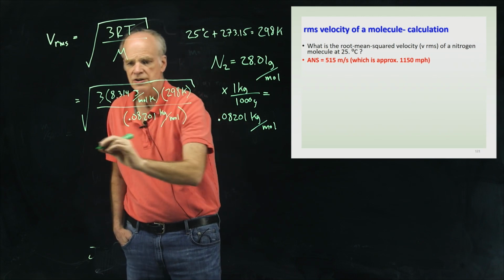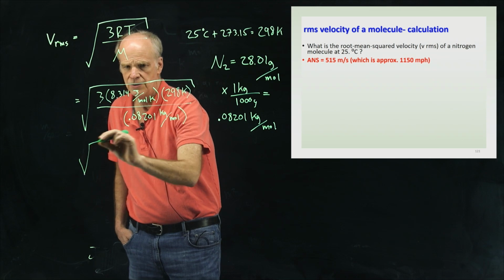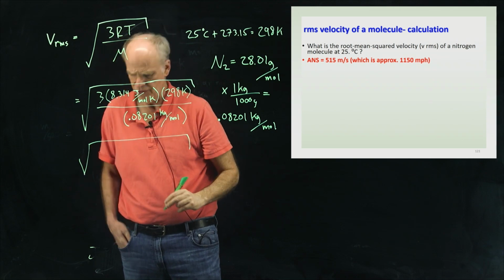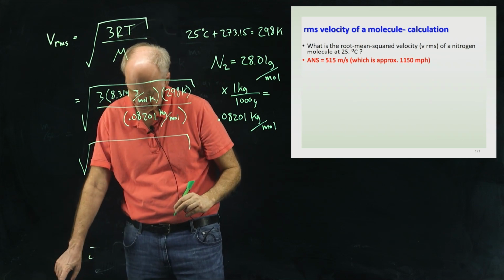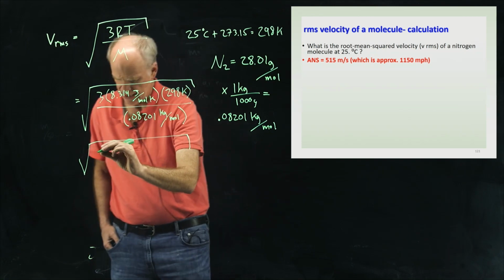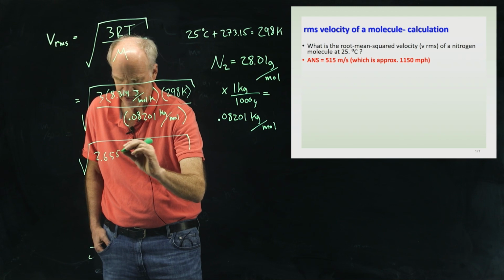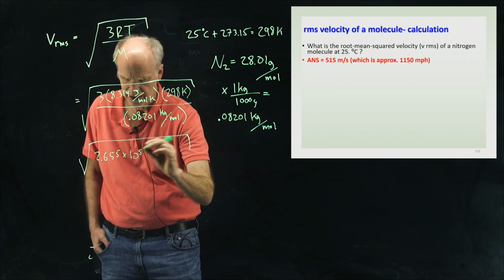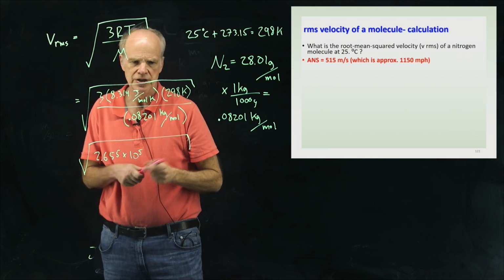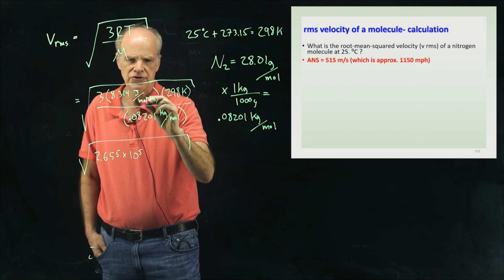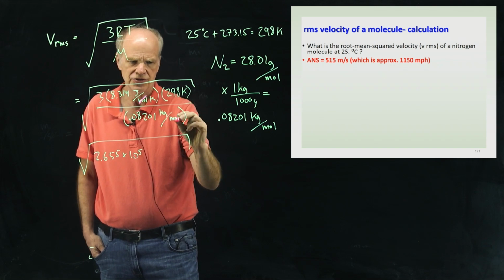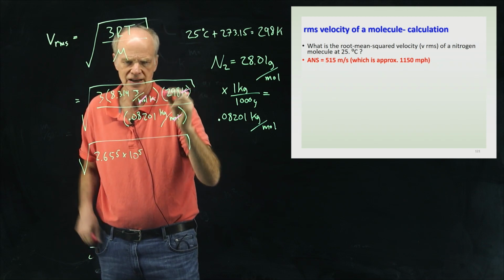So what I'm going to do next is I'm going to do the math. And so I worked this out earlier. What I got in the square root, I got 2.655 times 10 to the 5. And again, I think what you can sort of see here is that moles are going to cancel, and then Kelvin's going to cancel.